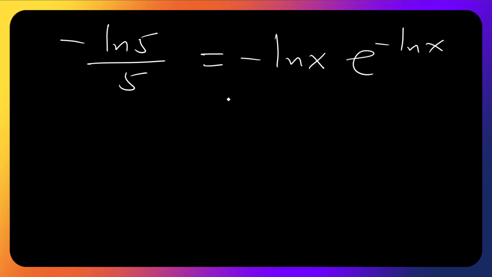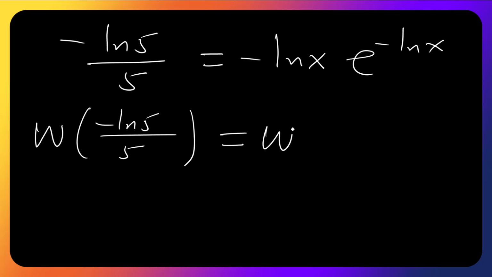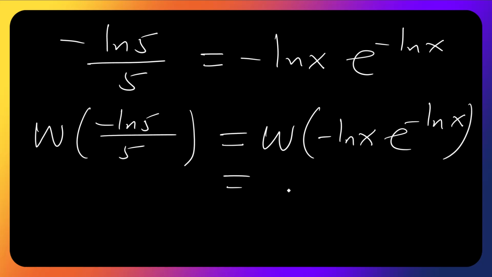Now from here, we can take the W function. So W function of minus ln of 5 over 5 equals W function of minus ln of x times e raised to minus ln of x, so my right hand side will be minus ln of x. And this side too, we can manipulate.